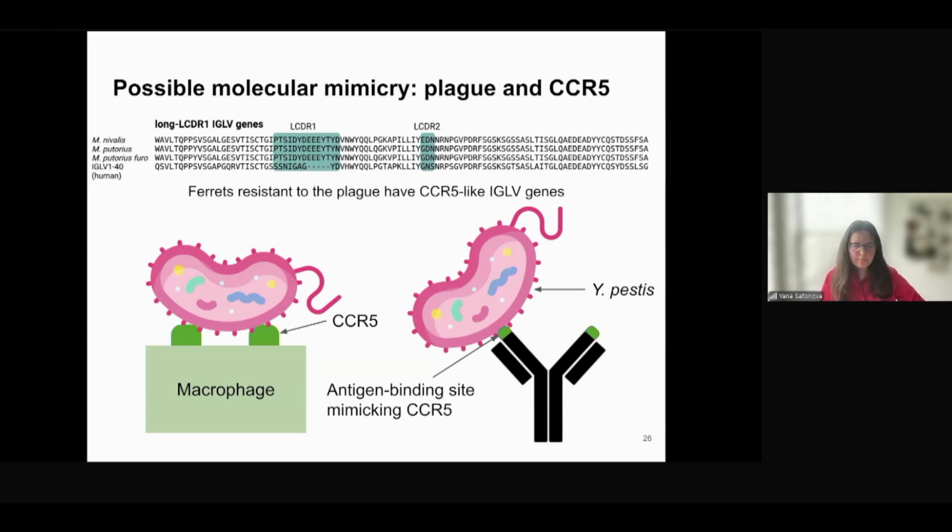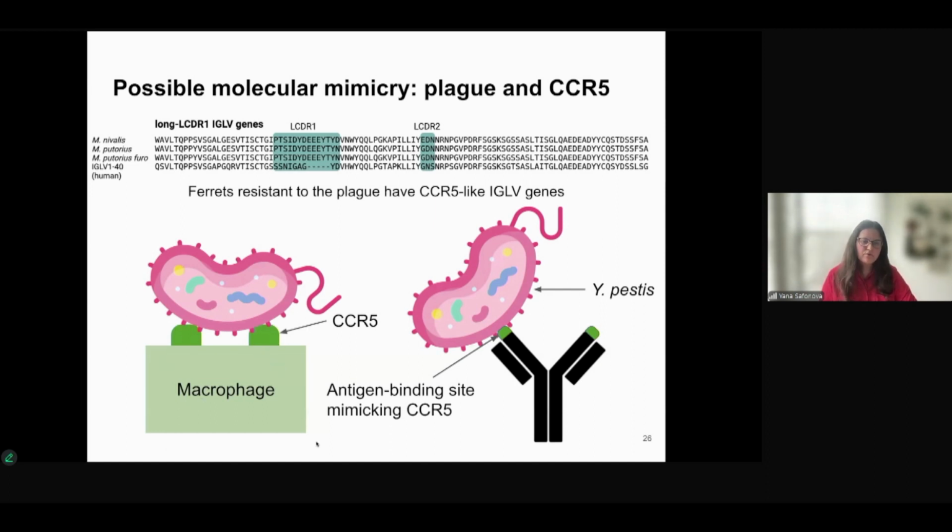So we started comparative analysis of ferret species that are still resistant to the plague and black-footed ferrets, and we found a really cool immunoglobulin light chain V gene that has a long CDR1 mimicking the CCR5 receptor.